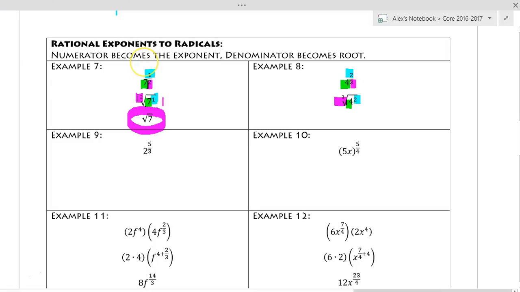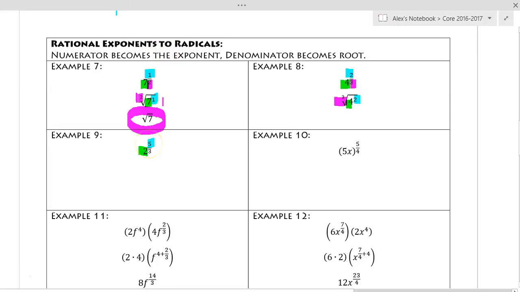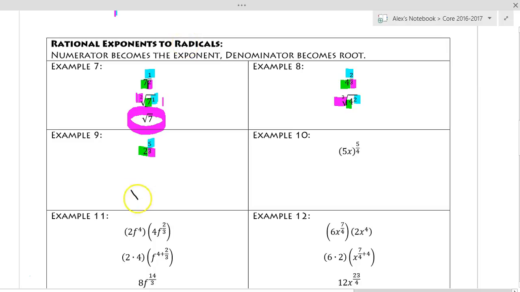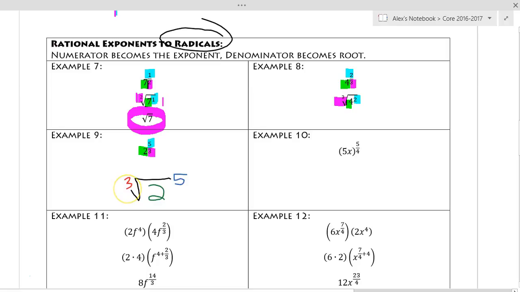Let's look at example 10. 2 is my base, 5 is my exponent, 5 is my numerator, and 3 is my denominator. So I always have to start for these ones by writing the radical, because I'm switching to radical form. 2 is my base. 5 is my exponent. And 3 is the number out in front. This is the cube root of 2 to the 5th.